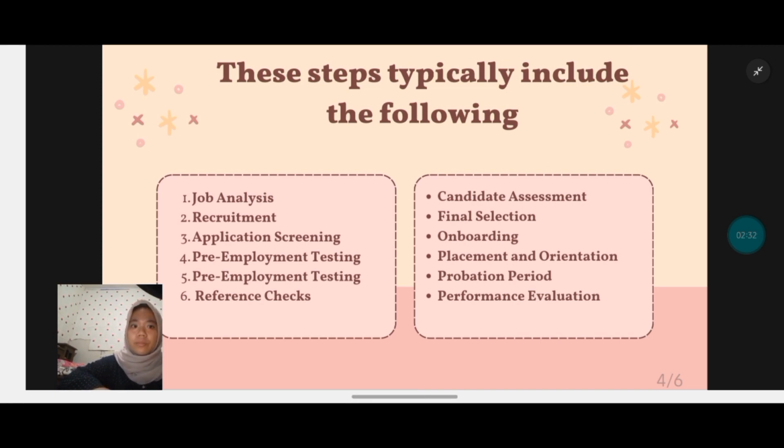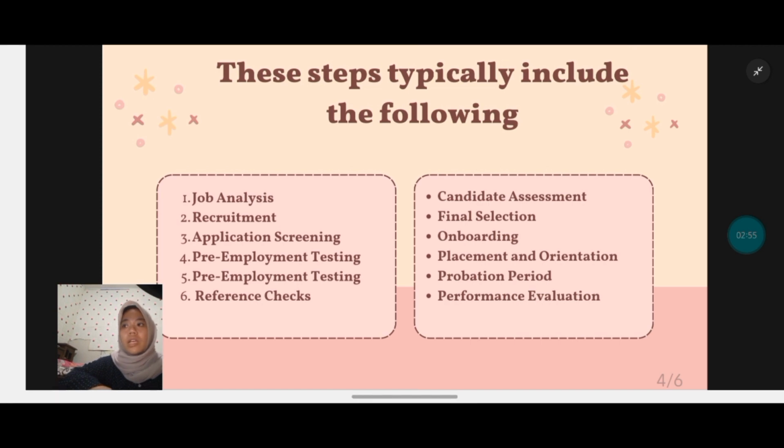Number 2, recruitment. Once you have a clear understanding of the job, you can start the recruitment process. This involves attracting potential candidates through various channels such as job postings, employee referrals, recruitment agencies, and social media.